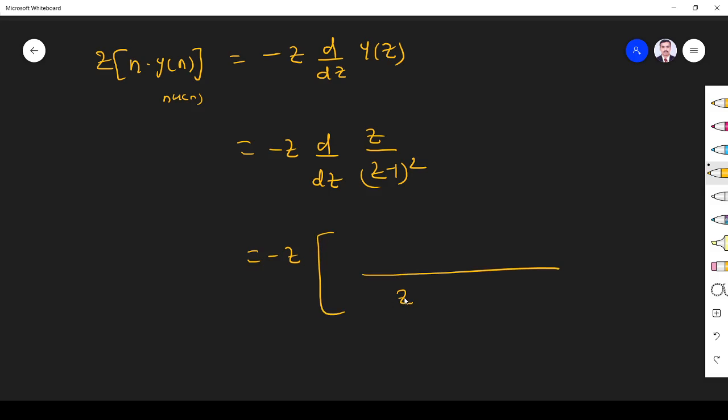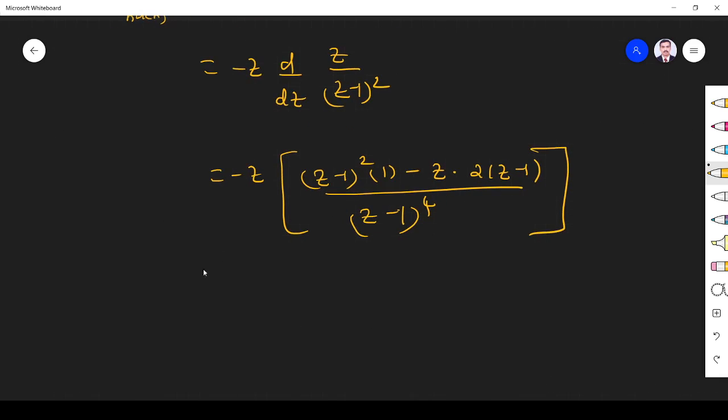So z minus 1 whole power 4 is v squared, v du: z minus 1 whole square, du is 1, minus u dv, dv is 2 into z minus 1. Here, okay. So then if you simplify, what you get? You have to simplify this.